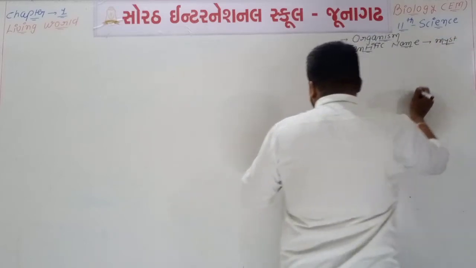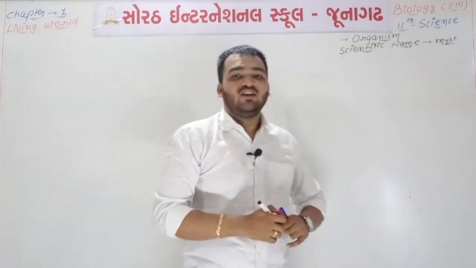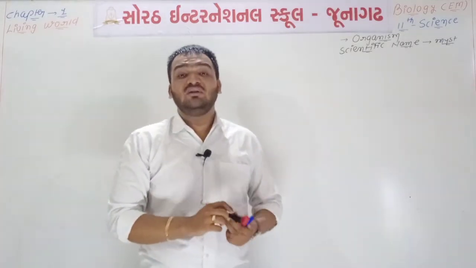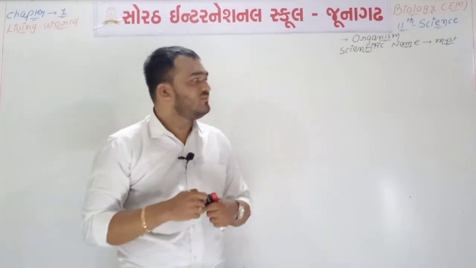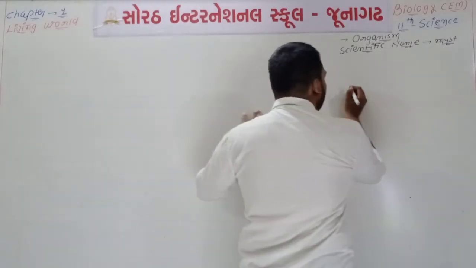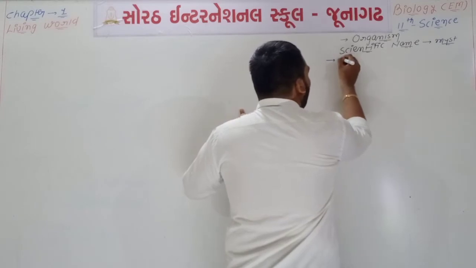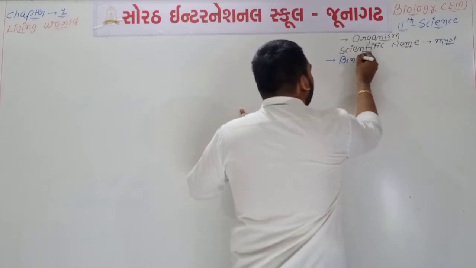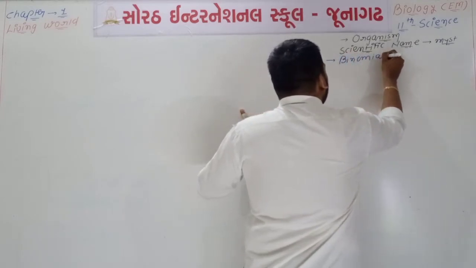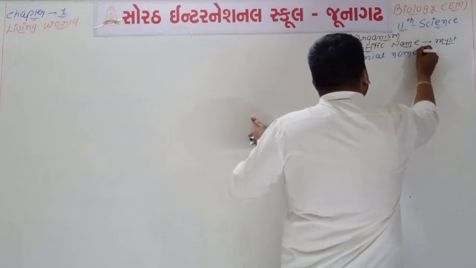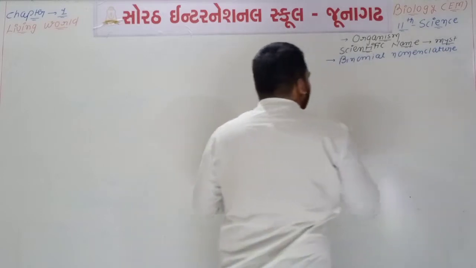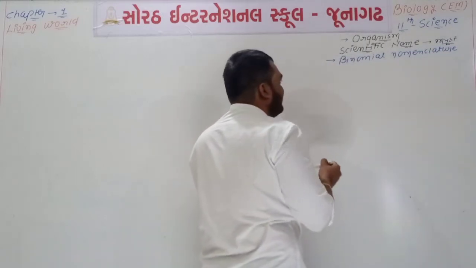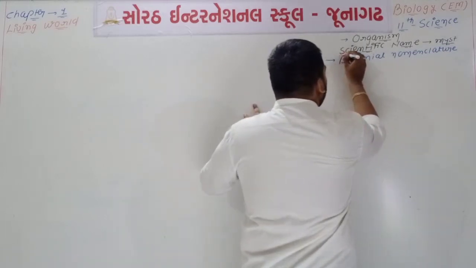And you know that the scientific name must be universal. It must be unique. And for giving scientific name to living organisms, the binomial nomenclature system was accepted.